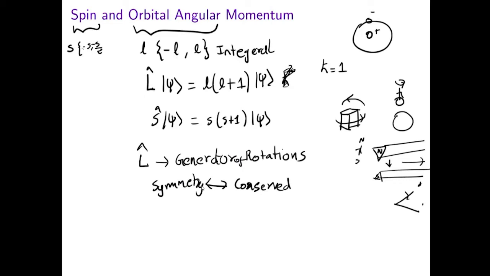But here's the thing: when scientists observed, it's not the orbital angular momentum that was being conserved. It was never conserved. The only thing that's always conserved in the case of rotational symmetry is L hat plus S hat, which is the sum of the orbital momentum and this weird term that is intrinsic to every particle.